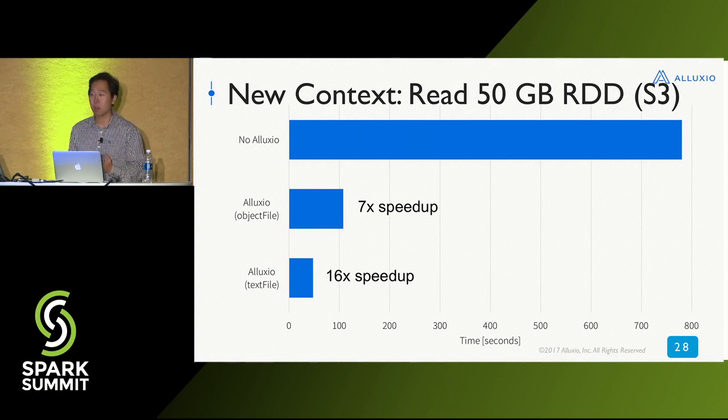Obviously with no Alluxio, Spark would have to read it from S3 again, and so it takes almost 800 seconds. But with Alluxio, it takes closer to 100 or fewer seconds. With Alluxio, when it's already cached, even though you're in different contexts, you can read it from memory just as fast as before. And so you can cut down the I/O costs considerably.